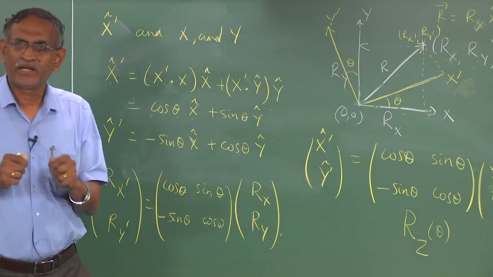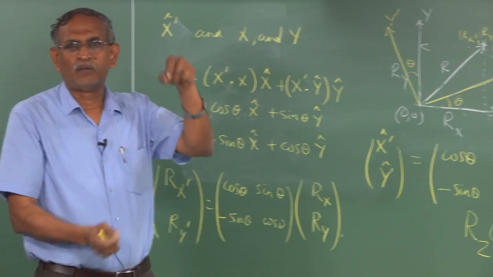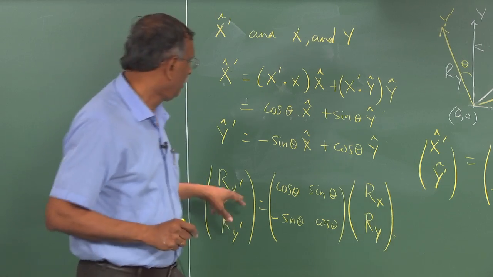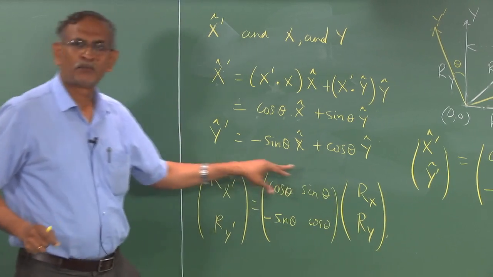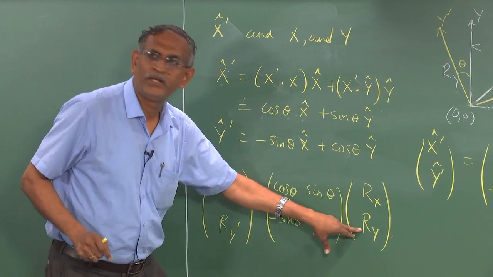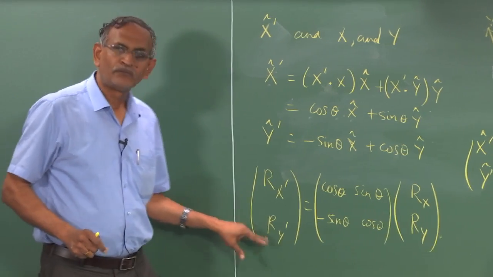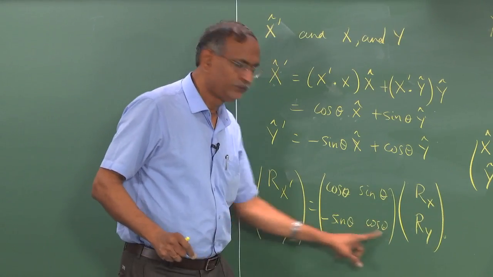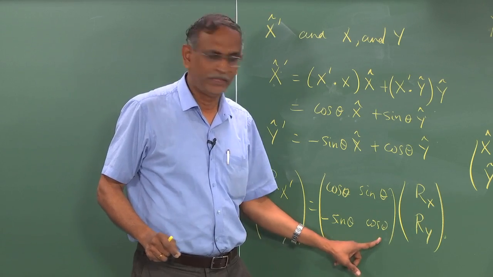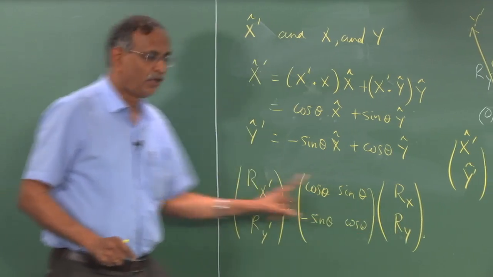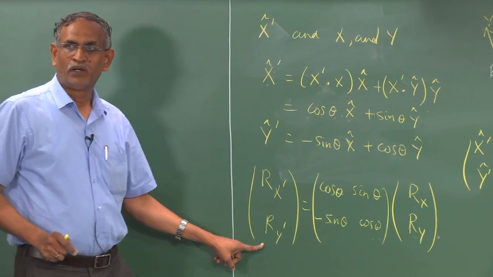a vector is: vectors are the components of a given quantity whose transformation property from one coordinate system to another coordinate system is identical. This matrix is the transformation matrix that takes Rx, Ry to Rx prime, Ry prime.